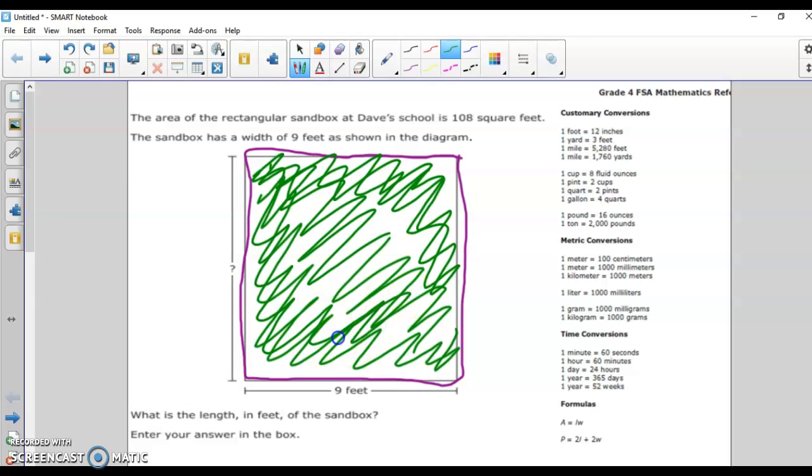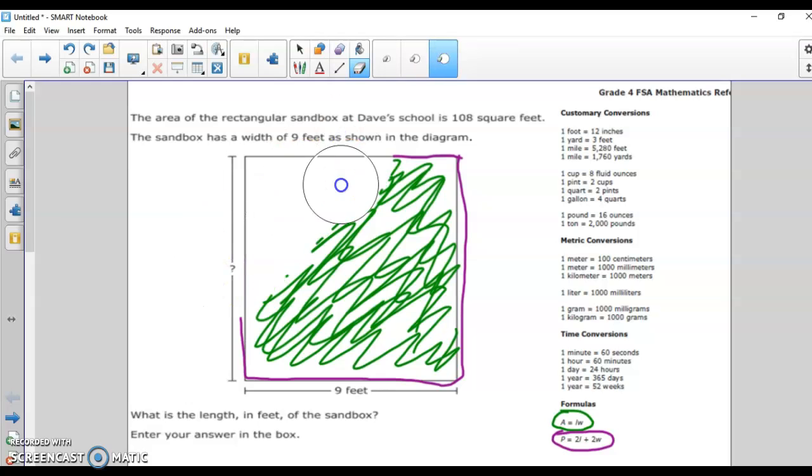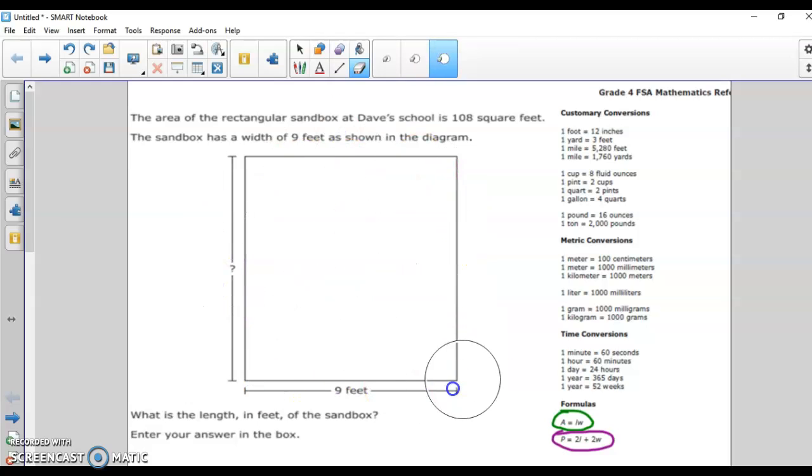There are different ways that we can use to find that out. Formula for area: length times width. Formula for perimeter: twice the length plus twice the width, or adding up all sides. Taking a look at this problem here, which is an example from one of the assessments from last year.